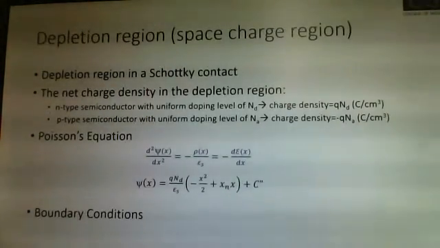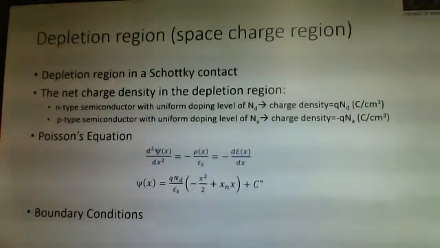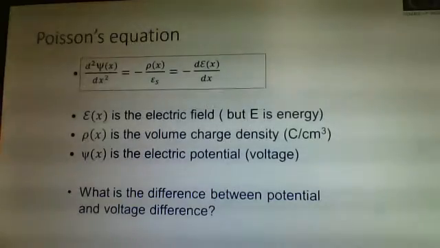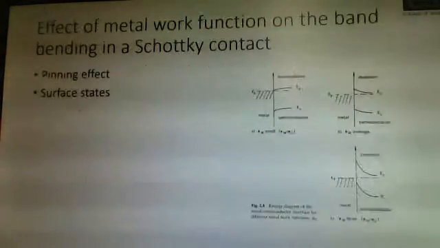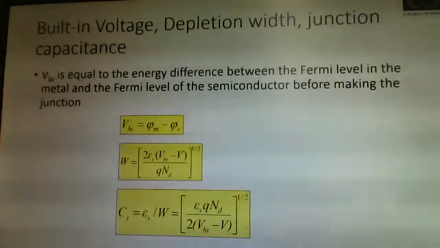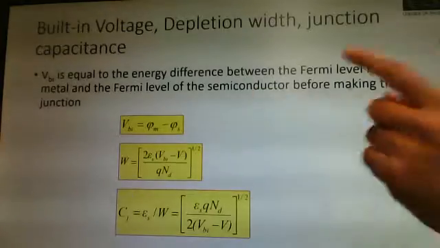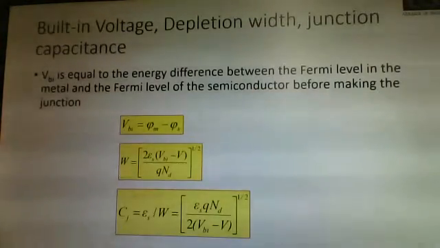Poisson's equation is just introduced to refresh our memory that band bending happens in semiconductors when they make a junction with materials with a different Fermi level. If we wish to find the amount of the band bending, the depth of the depletion region, and also the capacitance of the junction, all can be done by solving Poisson's equation.